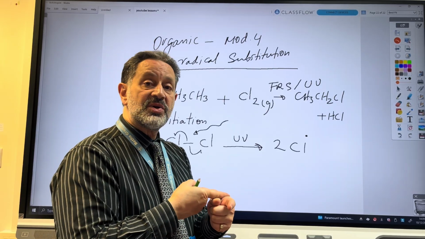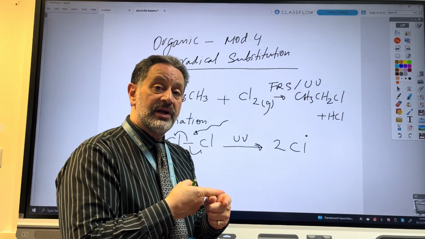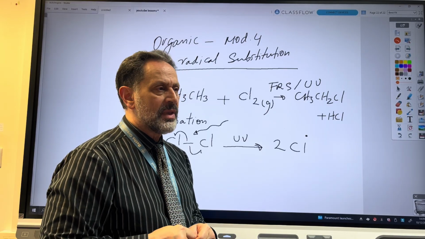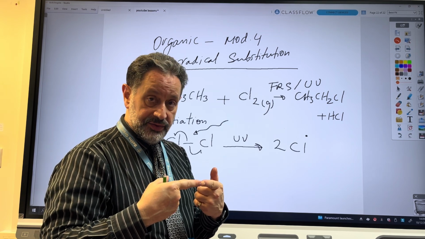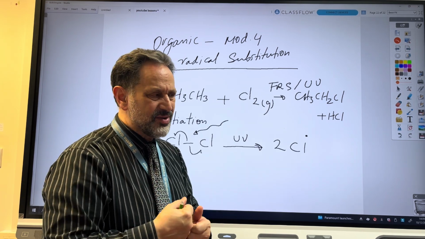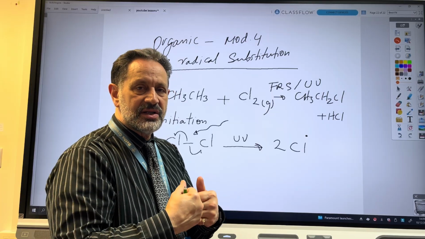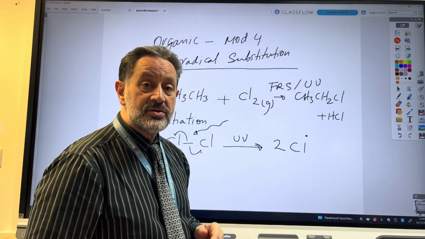And this one that has been stripped of its own electron turns into a positive charge. But what if they have equal sharing of electrons? They just get their own electron back. They don't turn to ions. They just get their own electron back and they turn into free radicals.